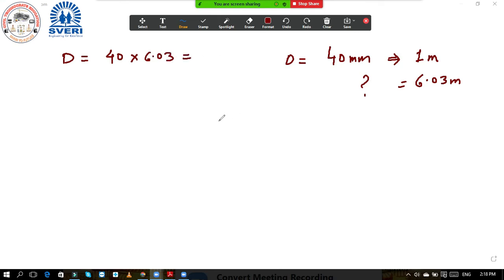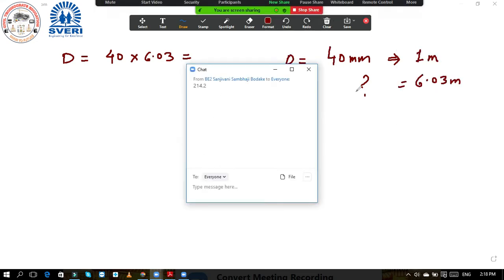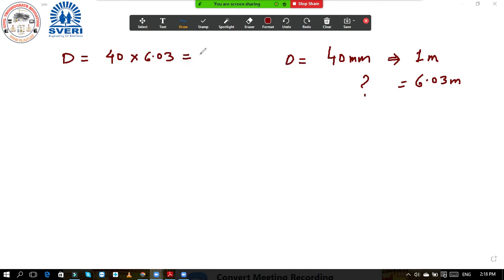So if you calculate, let me know the answer. 40 into 6.03, what is the answer? So the answer is 241.2 mm, because we have taken the depth in mm.